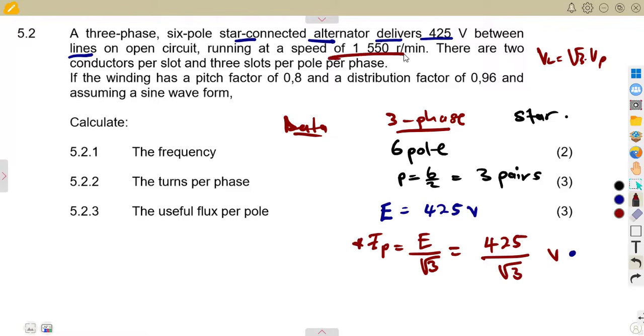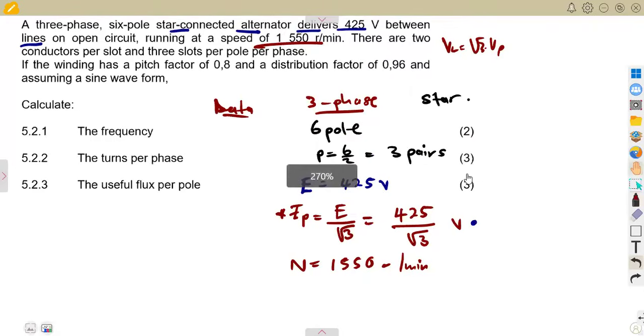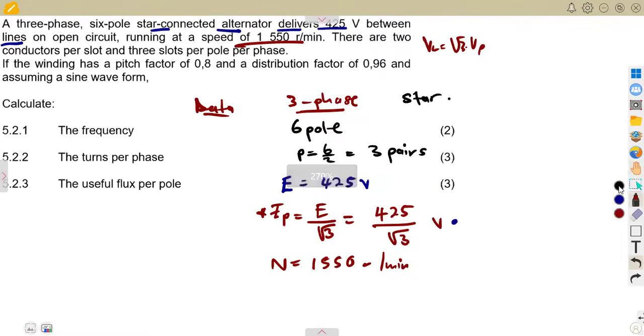Running at a speed of 1,550 revs per minute, we are given the speed. There are 2 conductors per slot and 3 slots per pole per phase. With that condition, let us start.